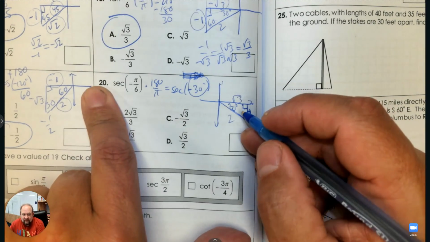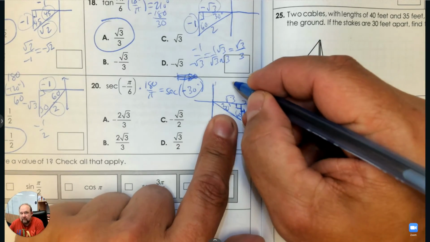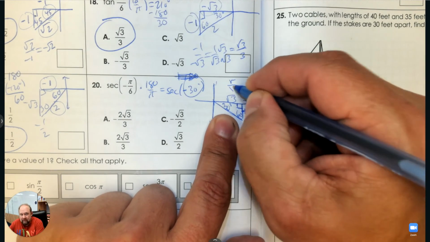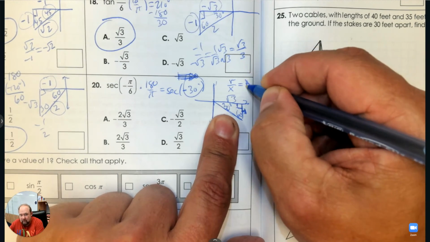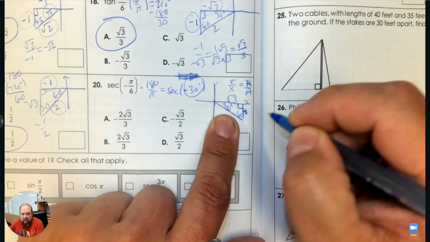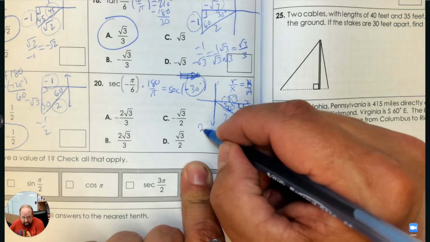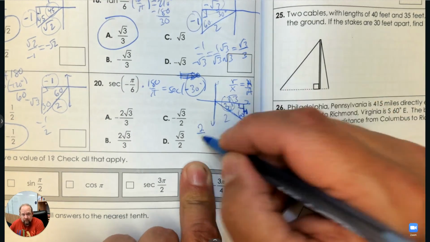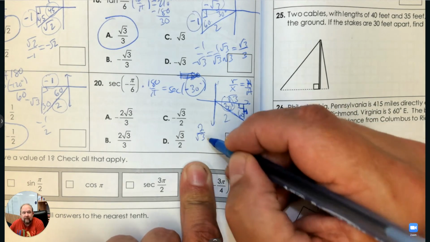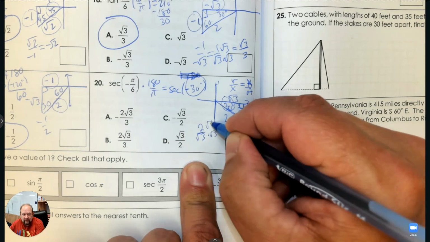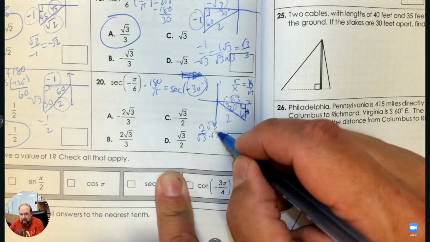Now secant is either the radius over the x or the hypotenuse over adjacent, whichever one you want to see. So from 30, it'd be 2 over root 3. And if I multiply by root 3, I get the answer 2 root 3 over 3.